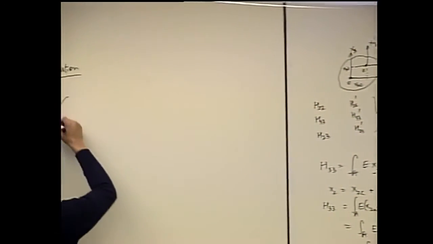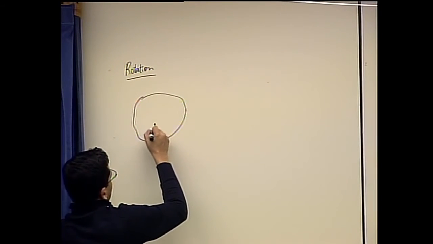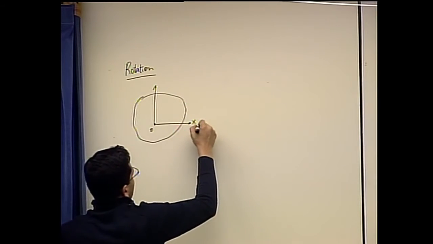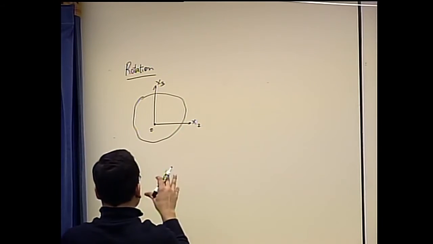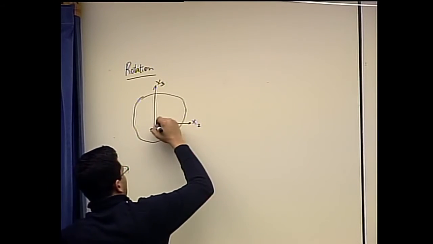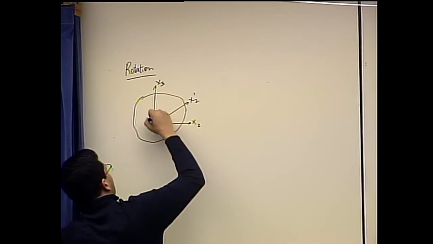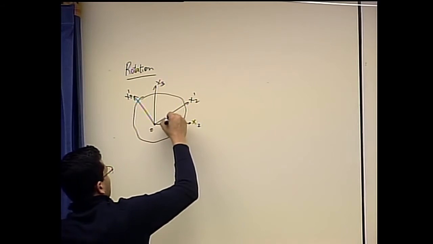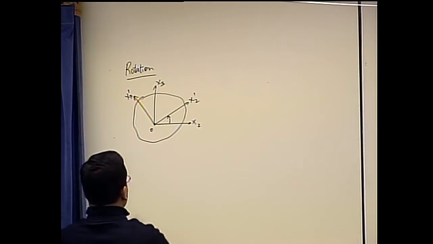So let's say I have an arbitrary body with origin O and a sectional coordinate frame x2, x3 attached to O, and I'm rotating this coordinate frame by a positive anti-clockwise angle alpha.